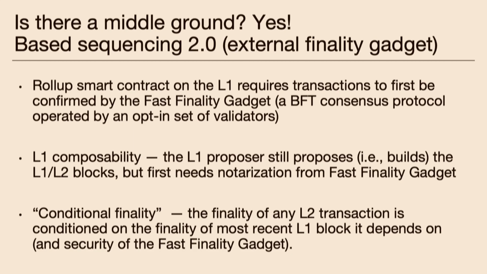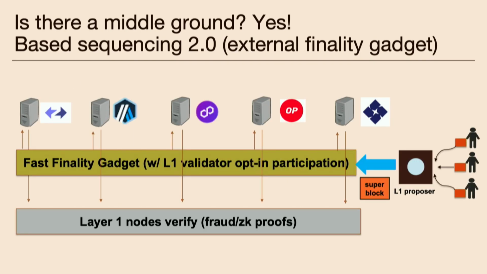Well, the rollup smart contract on the L1 will require transactions to be first approved by the fast finality gadget. So users are still sending their transactions to an L1 proposer. The L1 proposer produces a super block for all these rollups, but it needs to get it approved by the fast finality gadget first, and then it will be settled on the L1.